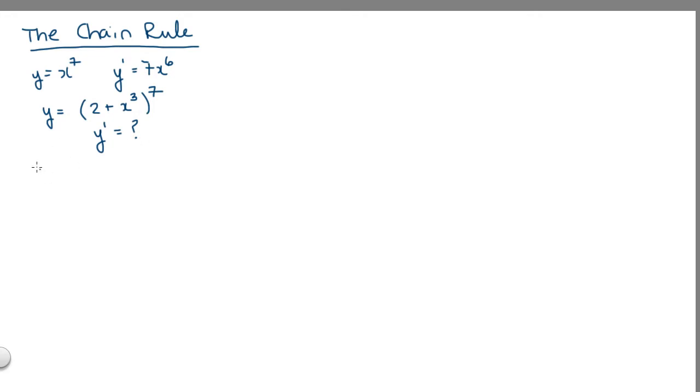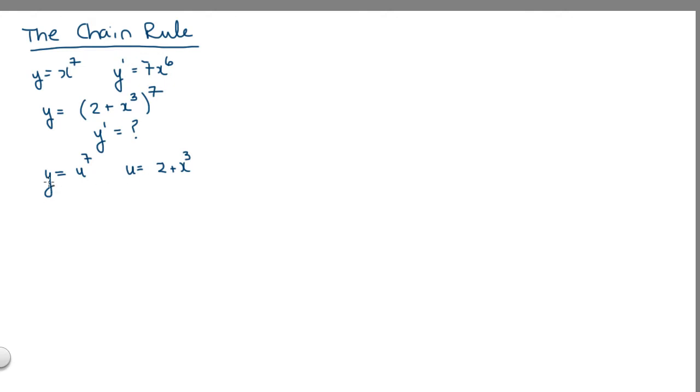So to get us going, let's imagine rewriting y as, say, u to the 7. And u will just represent this function that we have inside the brackets here, the 2 plus x cubed.